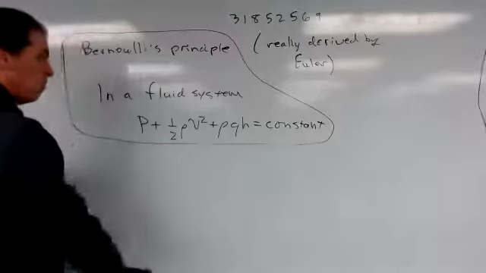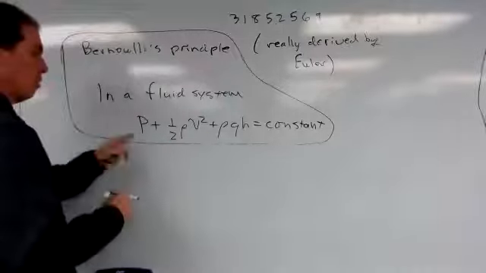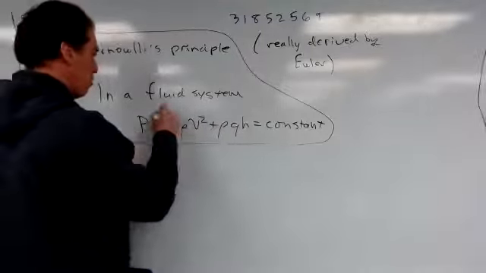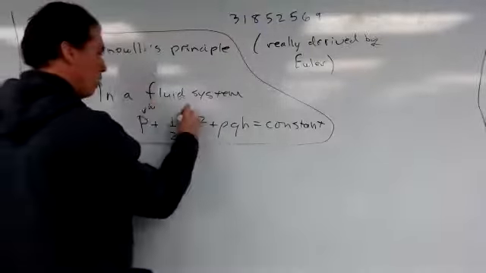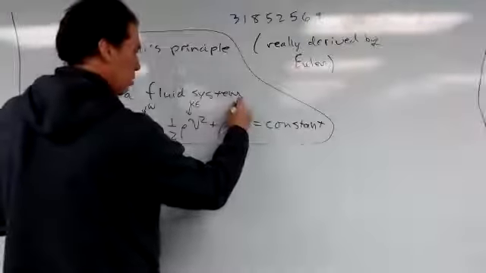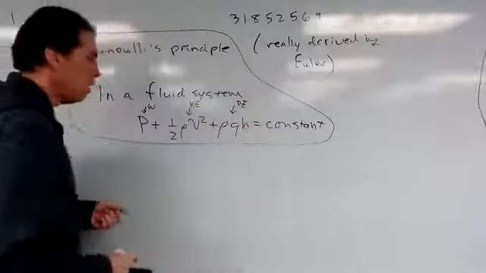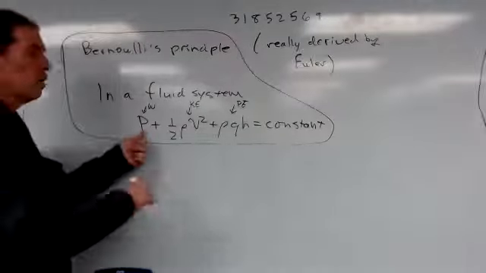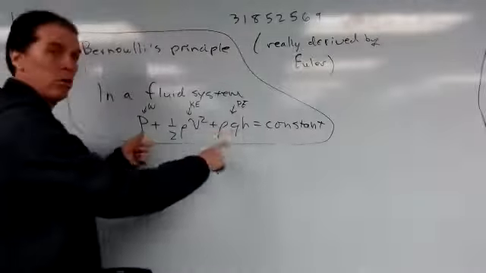a particular mass. And so in that derivation, it basically shows that the pressure plus 1/2 rho v squared plus rho gh, this corresponds to the work, this corresponds to the kinetic energy, and this corresponds to the potential energy. It's a constant in the fluid. And so in places where the pressure is high, one or both of these guys is low.